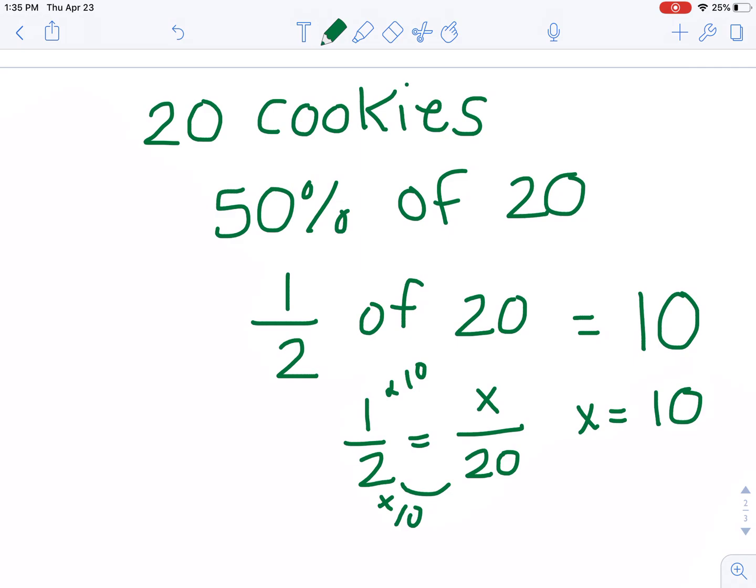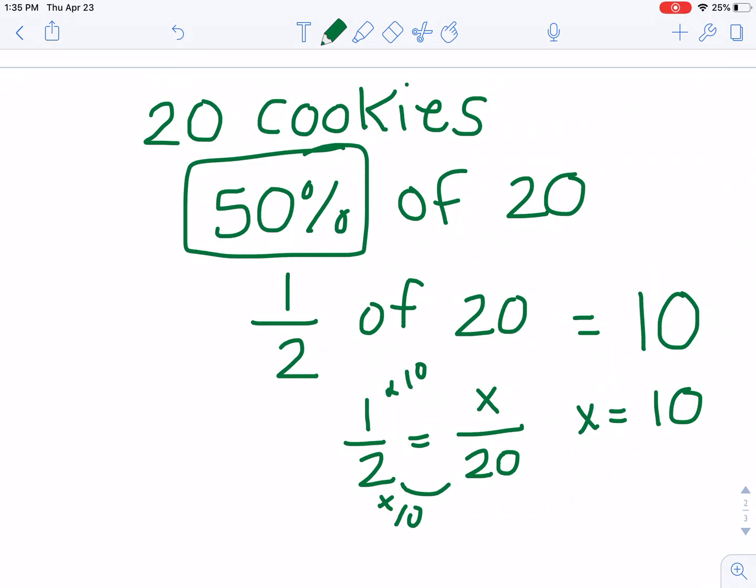You can easily look at this and go, okay, half of a certain number. But I took 50% because when you're looking at 50% of something, that might seem kind of, oh gosh, I don't know how to do that. Well, you know one of the easy percents, 50% is 1/2, and then that's easy for you to understand and solve. So 1/2 is 50%. Okay, so that at least gives you a little bit.